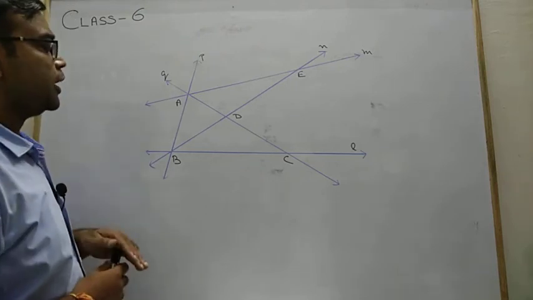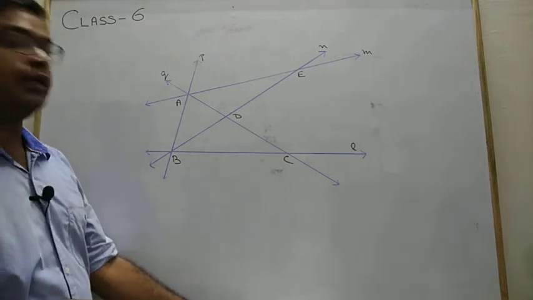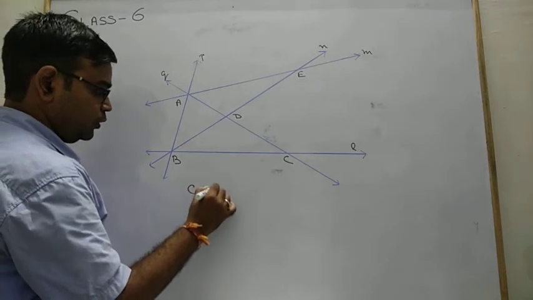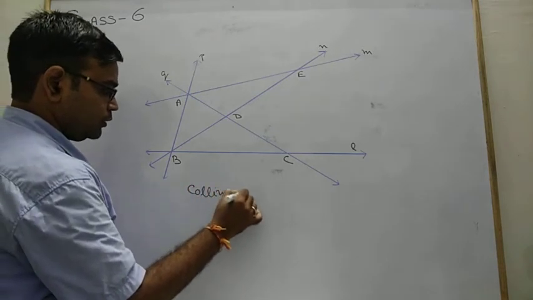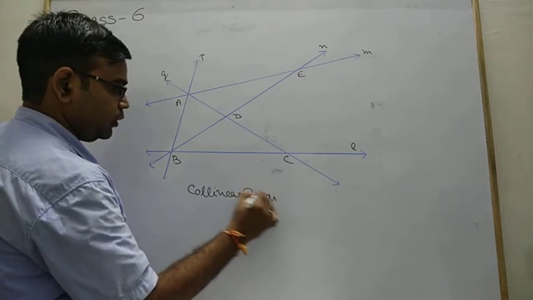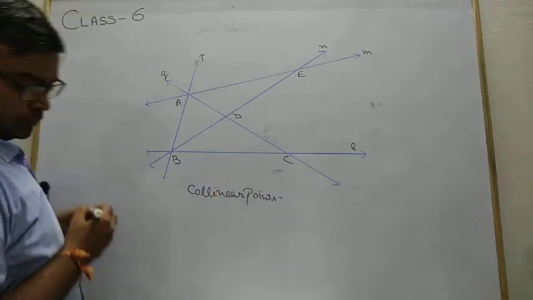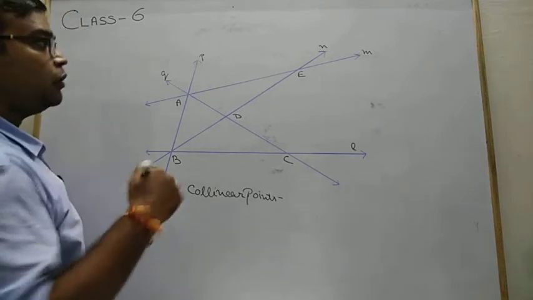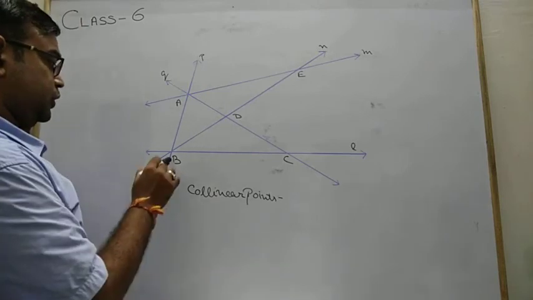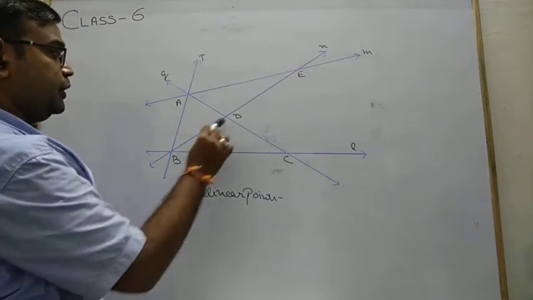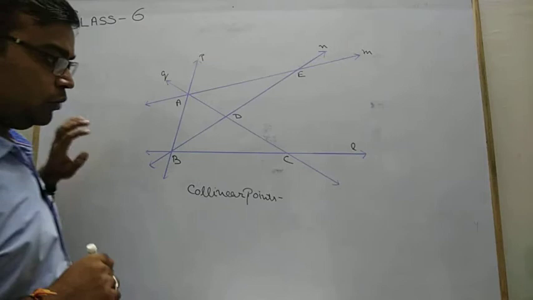This question asks you about very important collinear points. Give the collinear points. How many collinear points are there? There are various collinear points, 3 or more than 3. So here on line N, we have B, D, E. These 3 points are collinear.